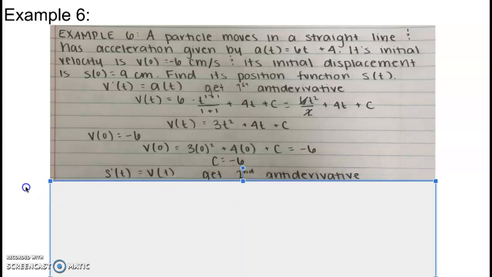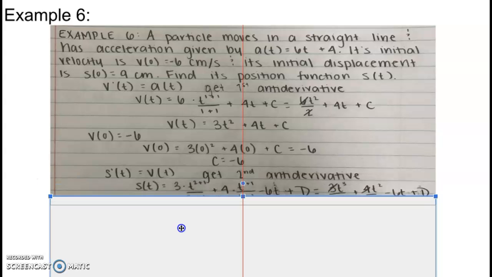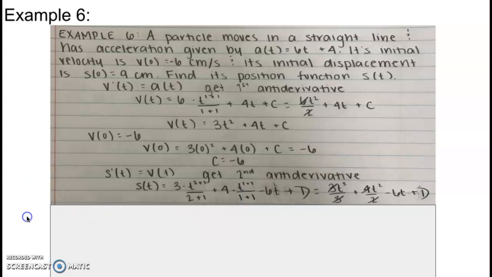Now, since we have v of t, we can use this to get s of t because s prime of t equals v of t. So let's get the second antiderivative. We're going to do the same steps we did to get v of t, which will be 3 times t to the 2 plus 1 over 2 plus 1, plus 4 times t to the 1 plus 1 all over 1 plus 1, minus 6t since we plugged in the c, plus d, our new constant.